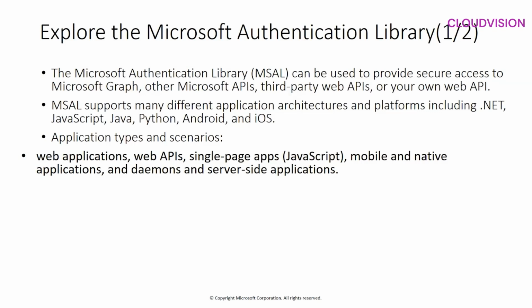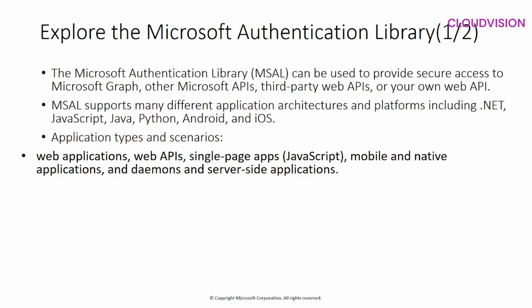Because with MSAL, I can submit my request to the registered app in Azure AD, prove my authenticity, and get a token with the permissions which allow me to work with Graph, other APIs, whatever I have requested. That's how it works.